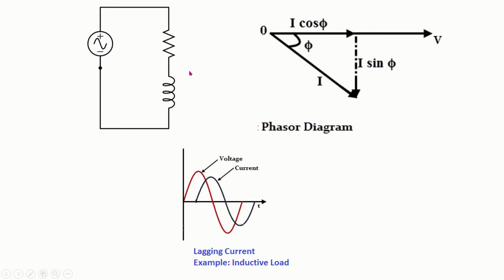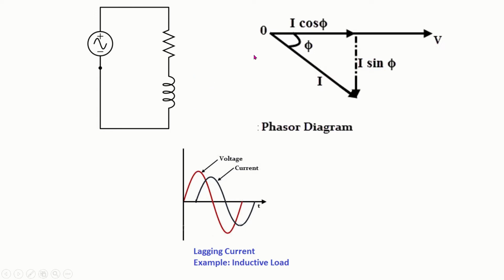Now, for the RL circuit, what happens in this combination of RL is that the voltage which is supplied to RL and the current through this load will have a phasor as shown here. So current will be lagging voltage by a certain angle, let's say phi, and the value of phi depends upon the value of inductance and resistance.